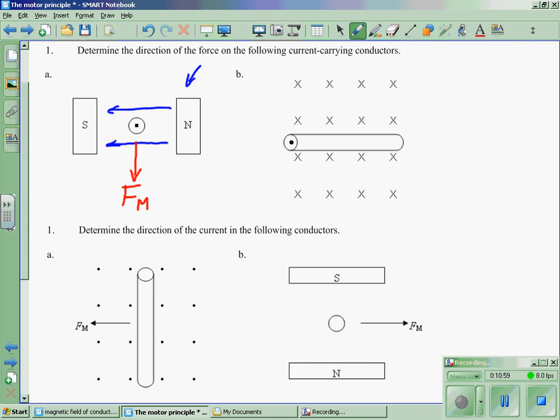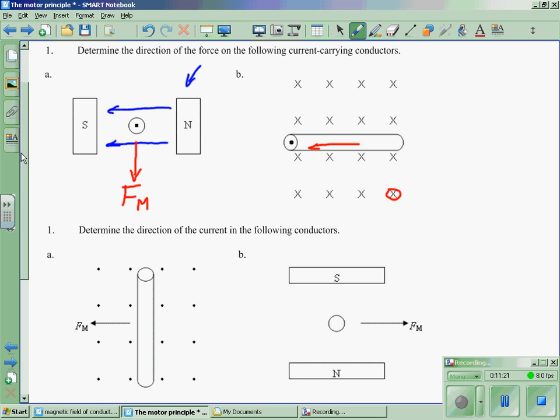Okay? Now this time, what we have is a wire with current going towards the left. So if you take a look at the cross section of the wire, there's a dot there, and that dot basically means that current is going in this direction. Now, if you look at diagram 1B, you'll notice that there's a whole bunch of these little X's here as well. Guess what those X's represent?